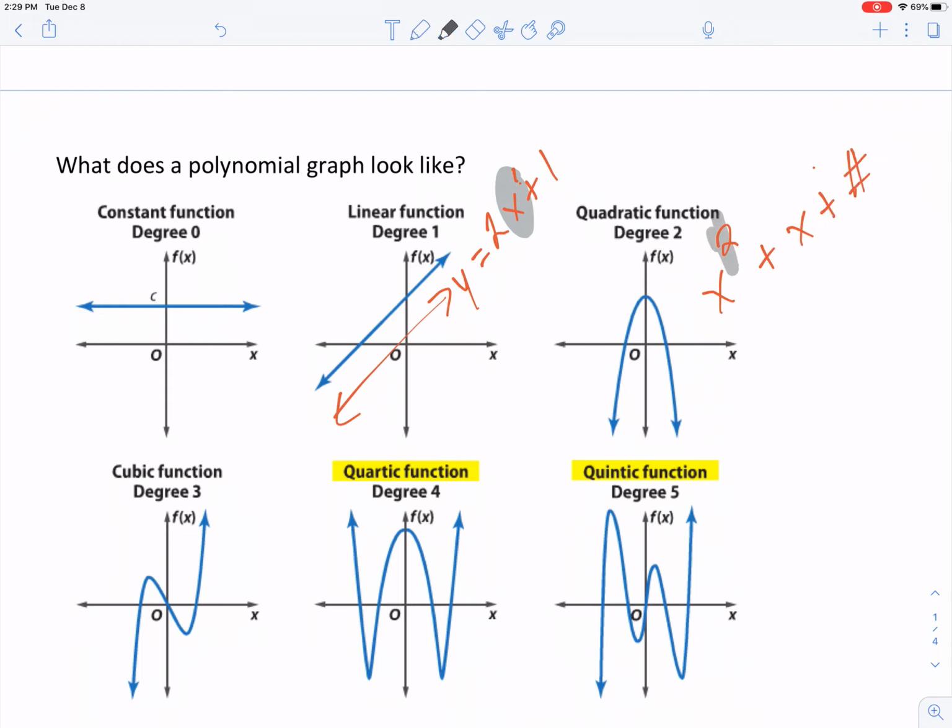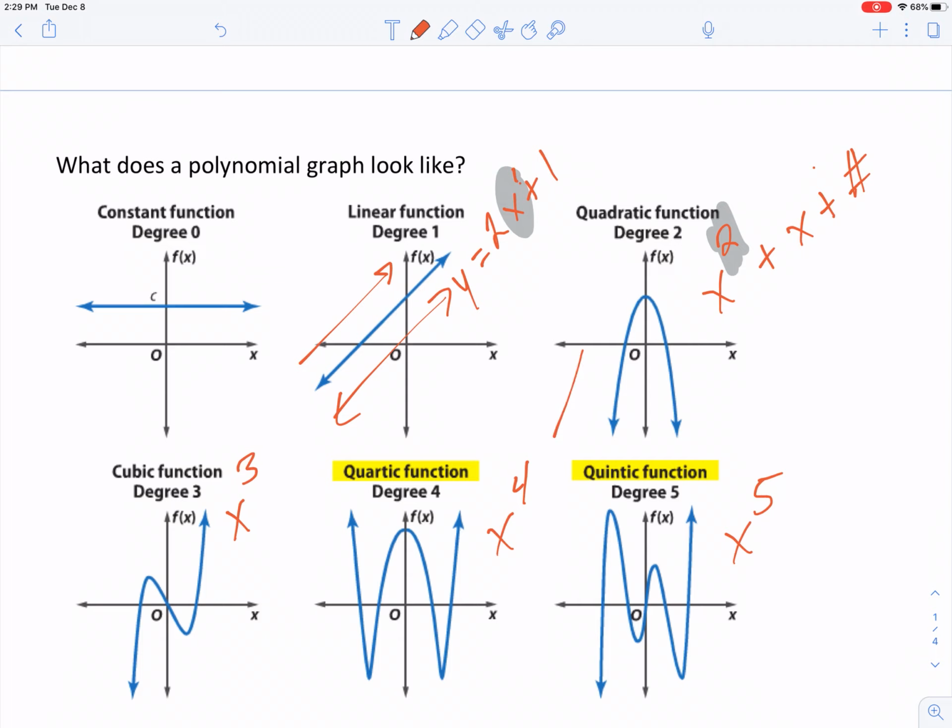This exponent. Okay, the number of the exponent is going to determine how many turnarounds we have. So notice, degree 3, this means it has an x cubed. This one's going to have an x to the 4th. This one's going to have an x to the 5th. You can kind of count the number of directions it goes is kind of how I think about it. So like this one goes one direction.